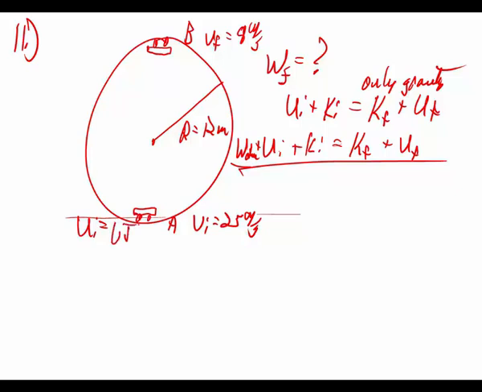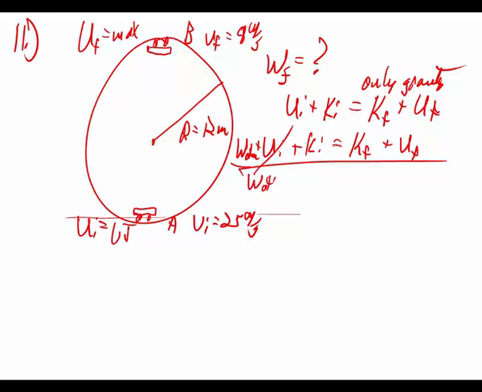The potential energy is going to be maximum at the top of the loop, right? At the top. Okay, good. So what happens to our U initial term? It's gone.